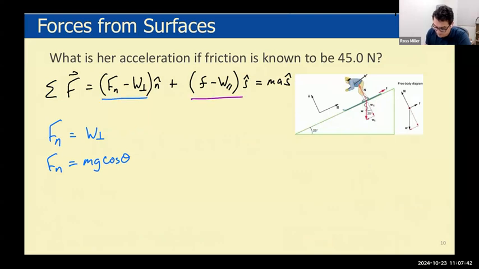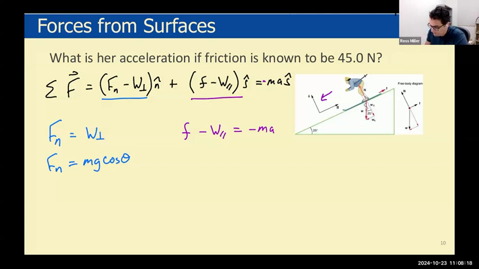Okay, what about this purple stuff? So now I have F minus weight perpendicular. Then I'm saying let's say they're still going to accelerate down. So I know the acceleration is negative. So I should write that. I'm saying that component of the weight along the ramp direction is bigger than the friction. And I know that because I'm told they're skiing down the hill, and they're speeding up.